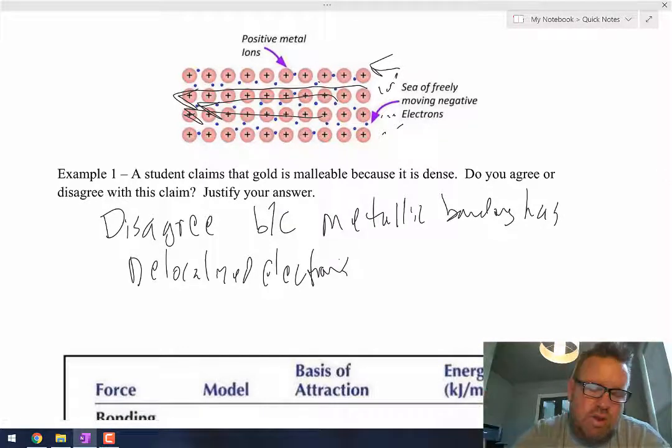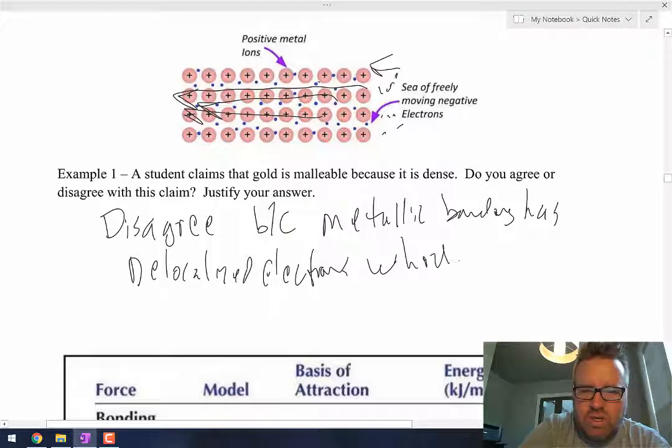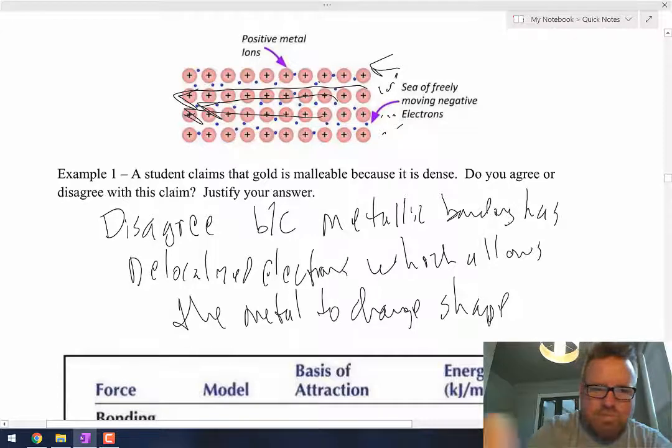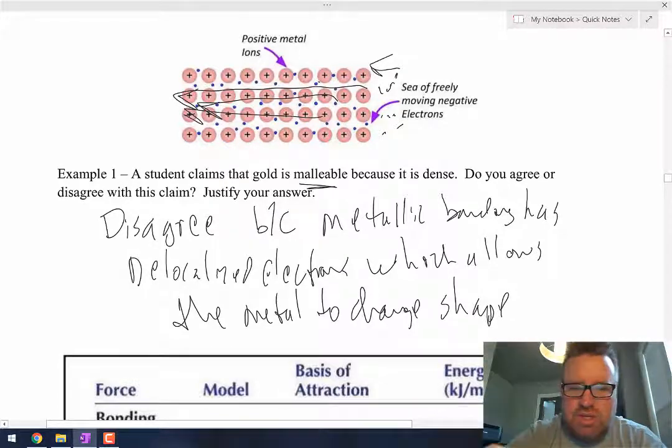Or you wouldn't even have to say that. Just simply disagree because metallic bonding has delocalized electrons, which allows the metal to change shape. Or you can say which makes it malleable.